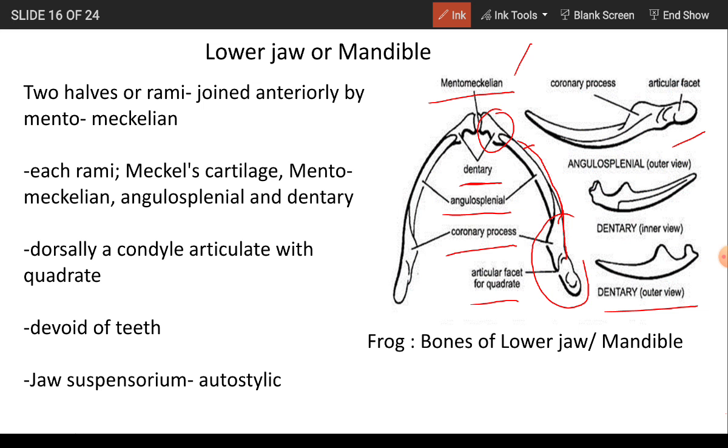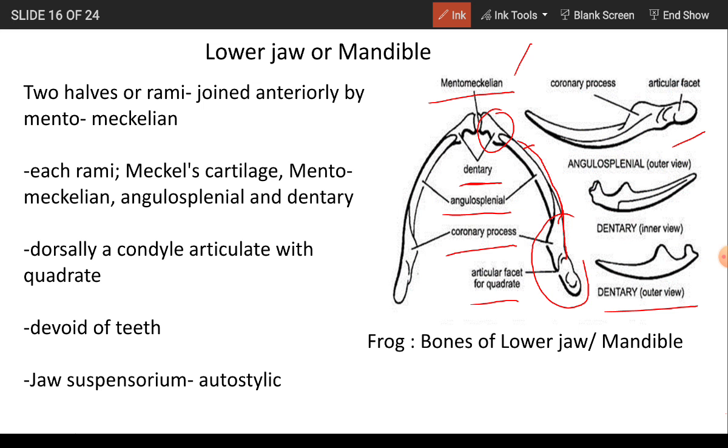It is a small, flat, dagger-like bone. It covers the outer surface of Meckel's cartilage. So this is a small, flat, dagger-shaped bone which covers the outer surface of Meckel's cartilage at the anterior tip of the lower jaw, and it extends anteriorly up to the mentomeckelian bone and posteriorly up to the angulosplenial bone.